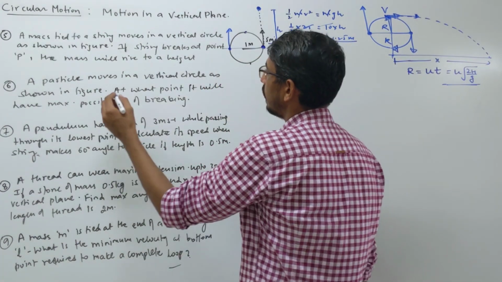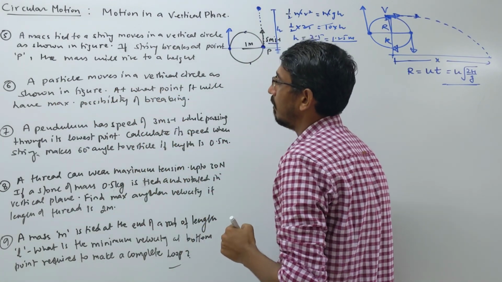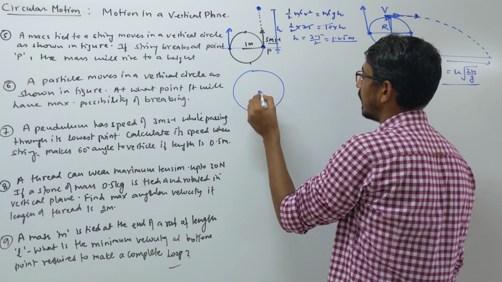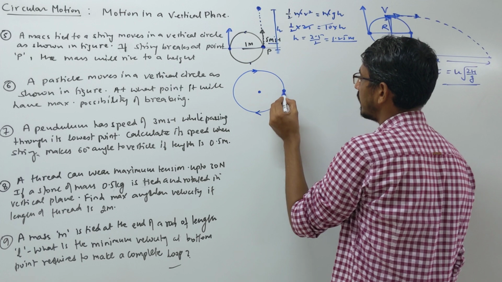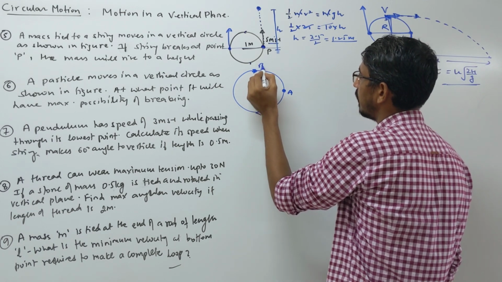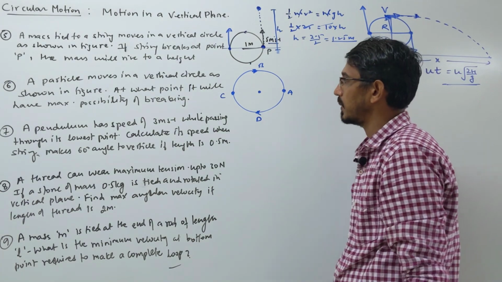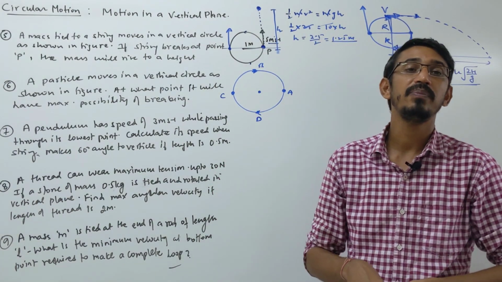It says a particle moves in a vertical plane as shown in the figure. The figure was like this: the particle is moving in a vertical circle, clockwise or anti-clockwise, and some points were given. Let's say point A, point B, point C, and point D. Then the question was: at what point will there be the maximum possibility of breaking the string?